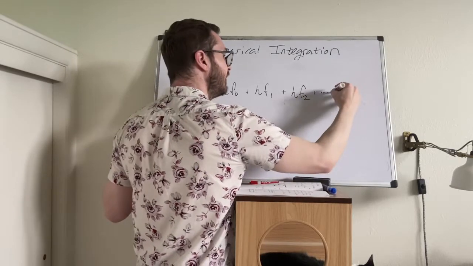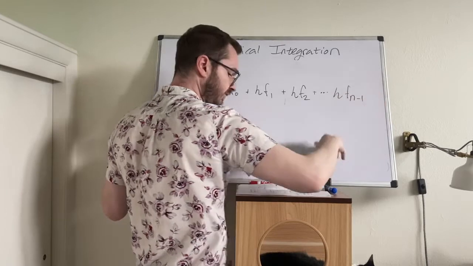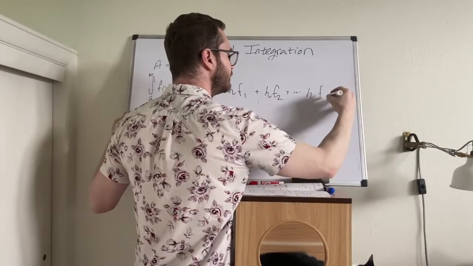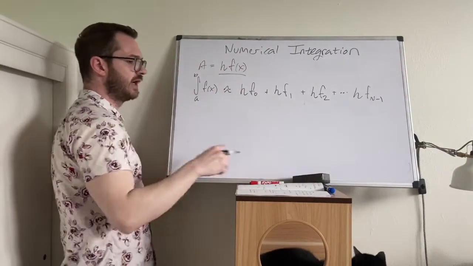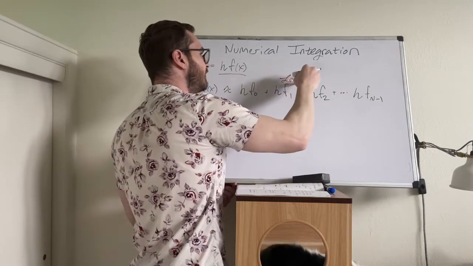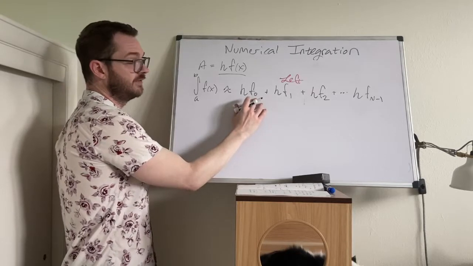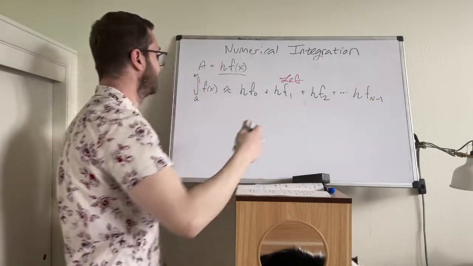We're going to skip to the end. And then this last one is h times f of n minus 1, with a capital N. Now, this one that I just wrote is the left-sided approximation. We can tell that it's the left because it started with the 0th, and then it ended before the last one.